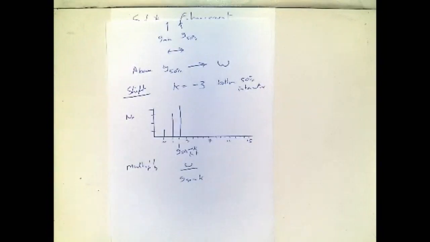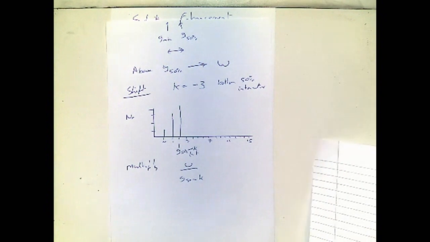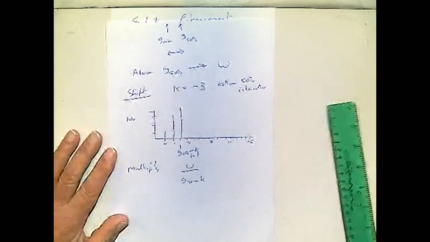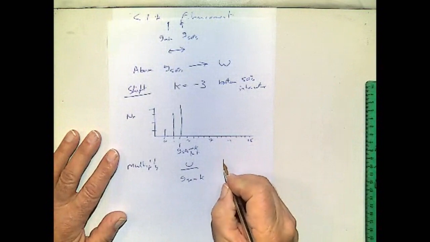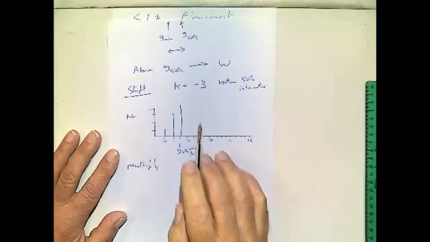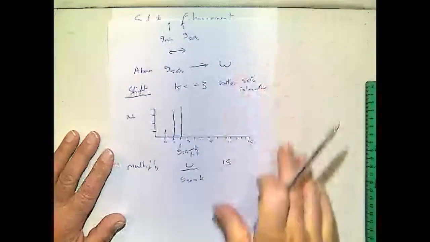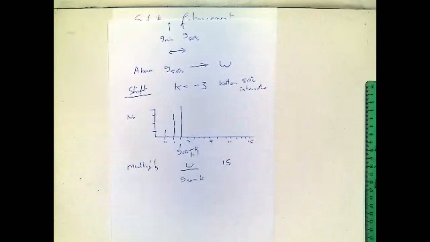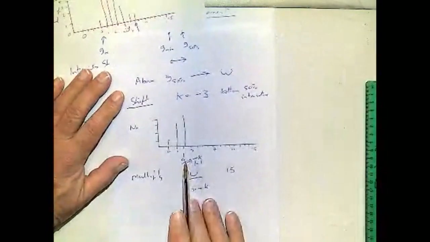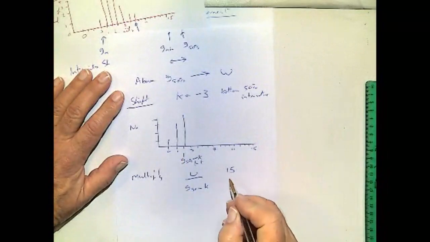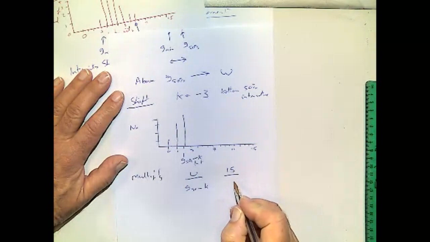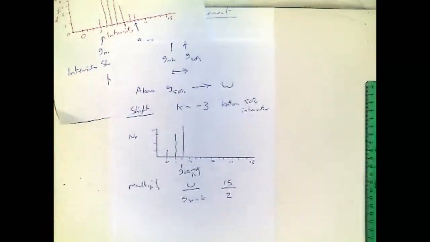And the intensity multiplier is going to be 15 divided by 2, isn't it? So, the multiply.